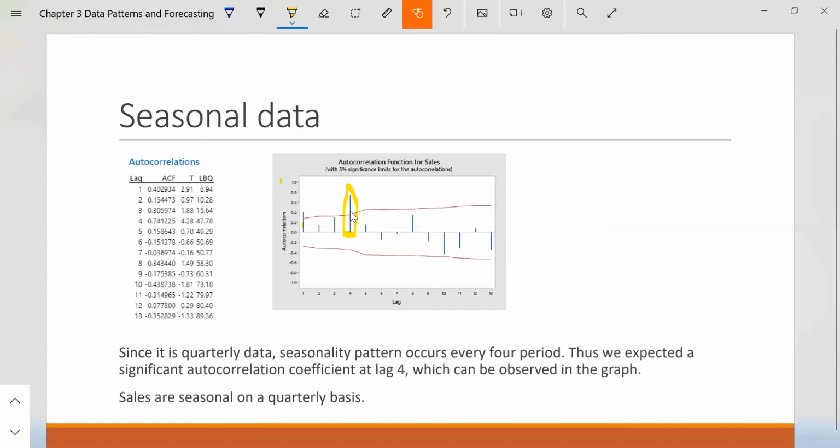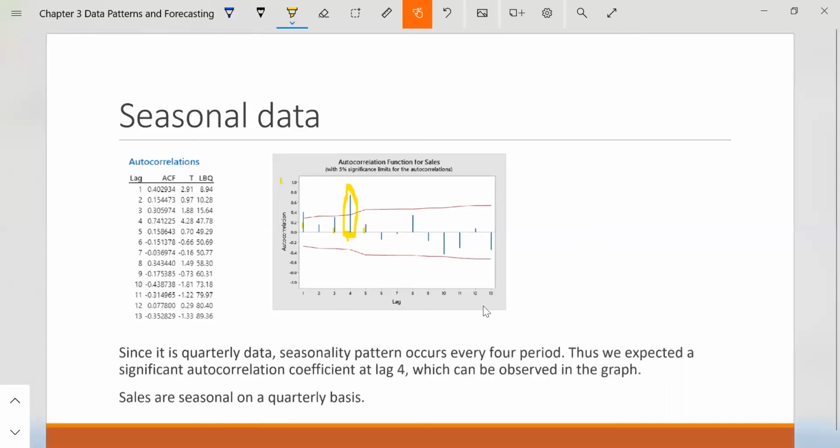It is also much higher than the previous one and the one after it, lag 3 and lag 5, telling us the observation in the current period is highly correlated with the observation 4 periods ago. That's exactly the same quarter in a different year. And therefore, from this, we can tell that we have seasonality in the data, okay?